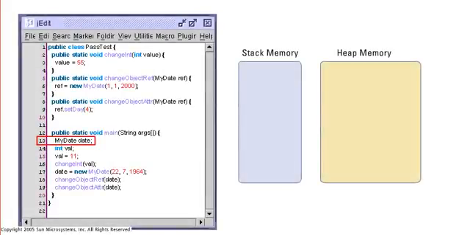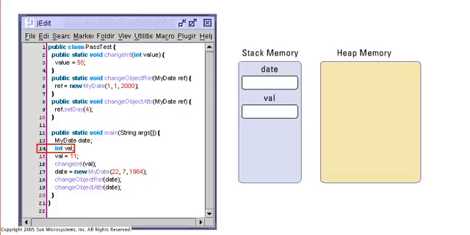In many languages, when a value is passed to a method, the value can either be passed by reference or passed by value. But in Java, all arguments are passed by value. It doesn't matter if it's a primitive or an object reference. They're both passed by value.